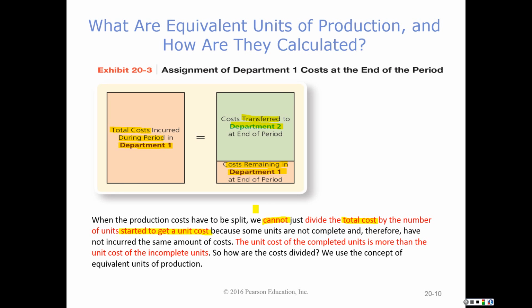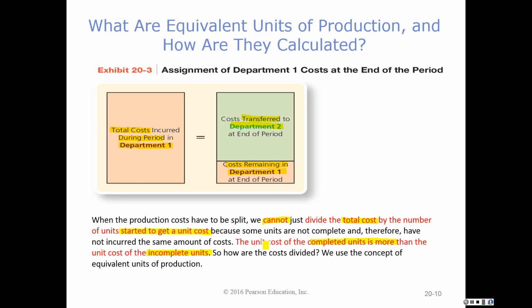So what we see here is that the unit cost of the completed units obviously should be more than the cost of the incomplete units. How we divide these costs between the completed units and the incomplete units is where the concept of equivalent units of production comes into play.